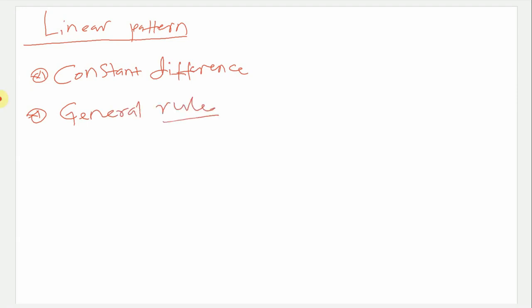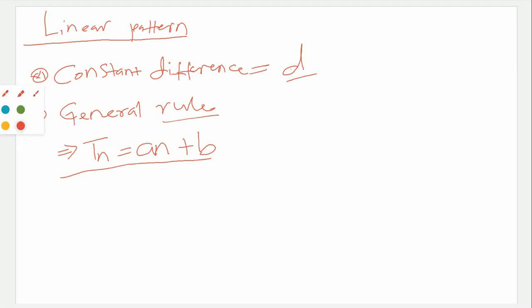So what is the general rule of the linear pattern? The general rule of the linear pattern is Tn equals an plus b. The constant difference is symbolized by the variable d. It's the number that you keep on adding on the pattern so that your pattern continues.